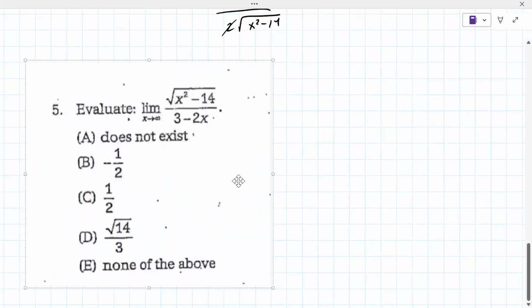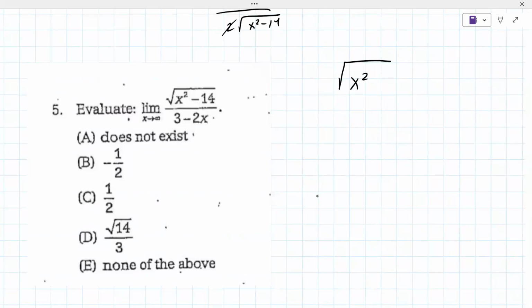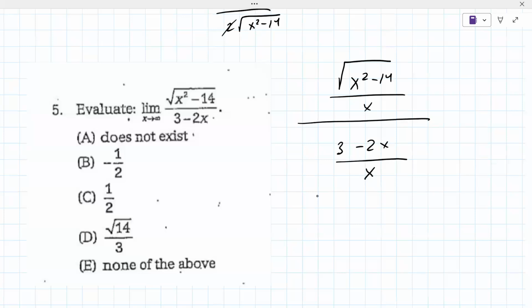So the more common option is to divide the top and the bottom by the highest degree exponent, which you might think is x squared, but since it's under a square root, it's really just x. Okay, and then in the numerator, this becomes x squared minus 14 over x squared, all in the root, and on the bottom here it's 3 over x minus 2.